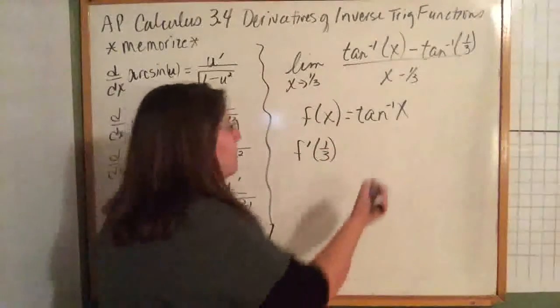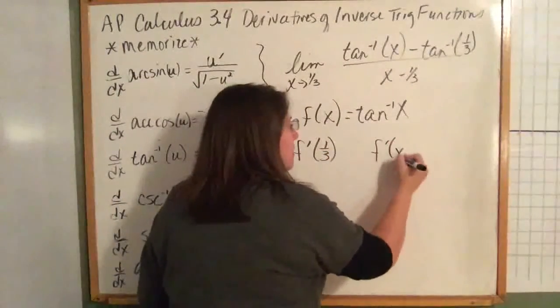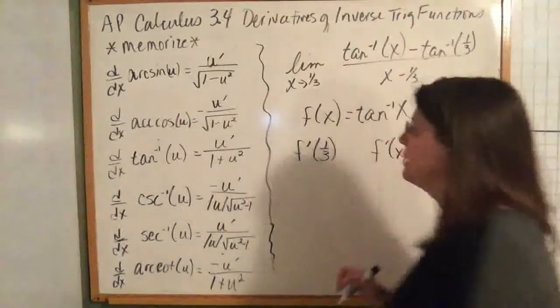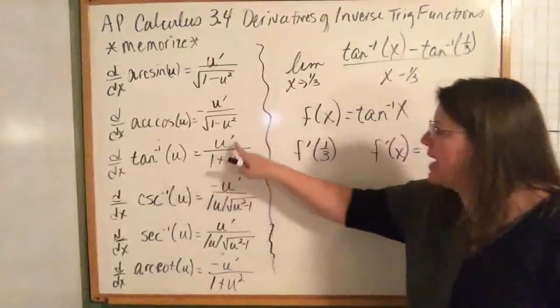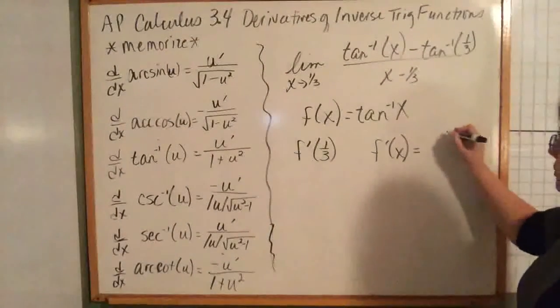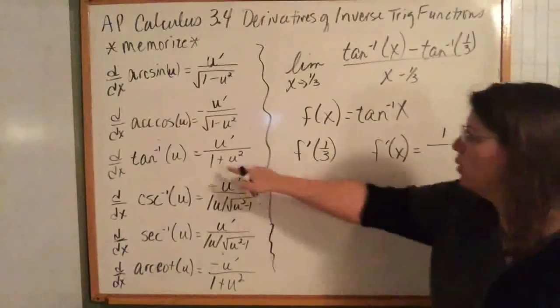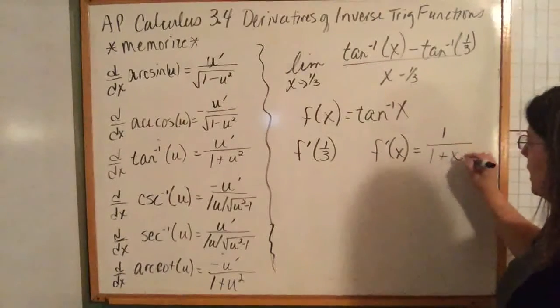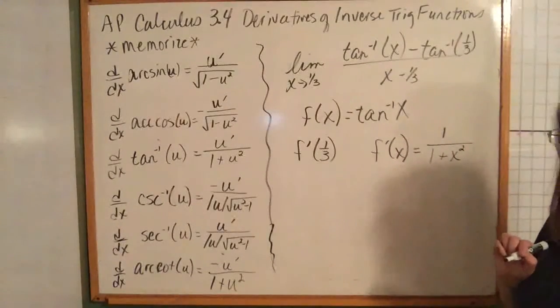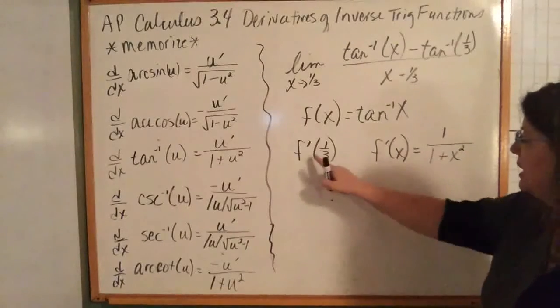So f prime of x, we're going to follow the formula. Here's arctangent. Our u in this case is x, so the derivative would be 1 over 1 plus u squared, and u was x, so u squared is x squared. And then we have to plug in 1/3.